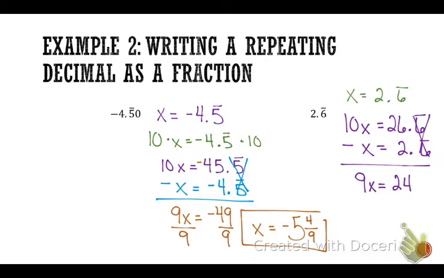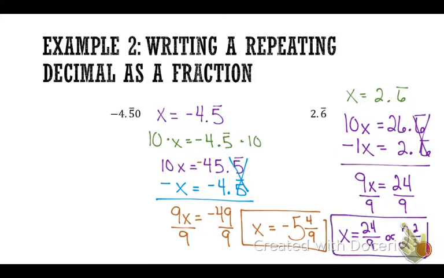Okay, how do I get 9x? 10x minus 1x is 9x. Now I divide both sides by 9 and x equals 24 over 9, or 2 and 2/3, because 6/9 reduces. Okay, I'm just running out of room.